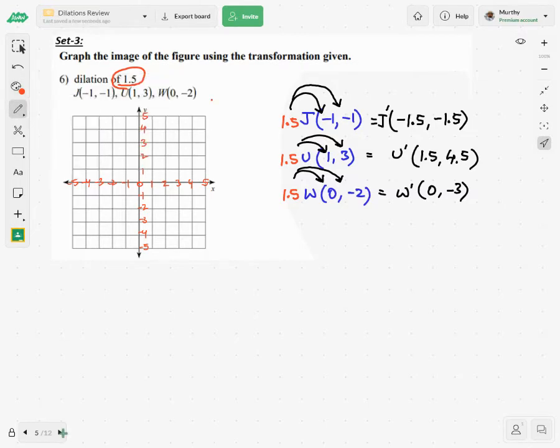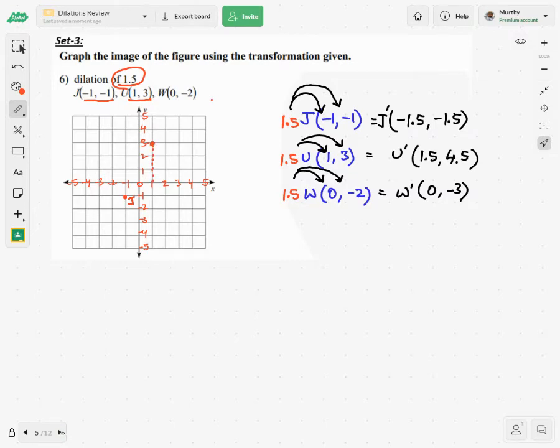Well, the first one is (-1, -1). I see that -1 is on the left side. Okay, this is going to be my J. Next, U is (1, 3). X is 1 and y is 3.